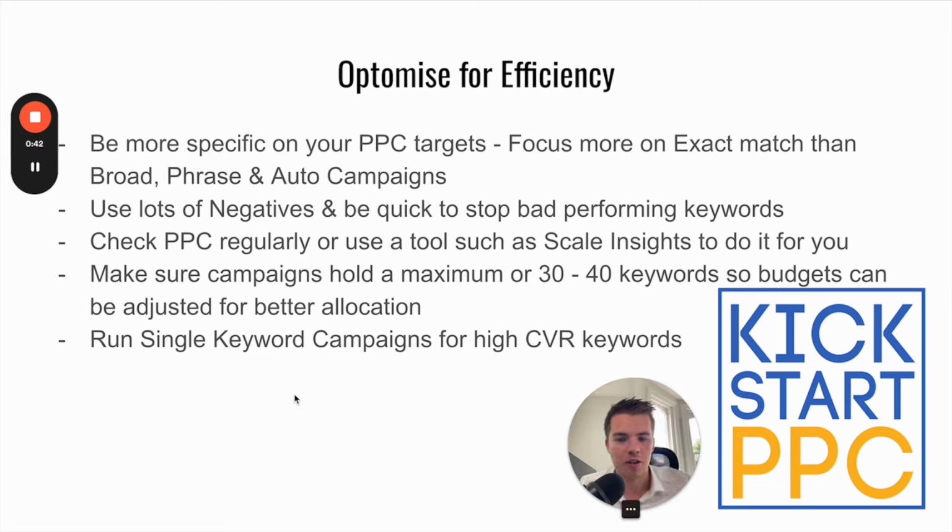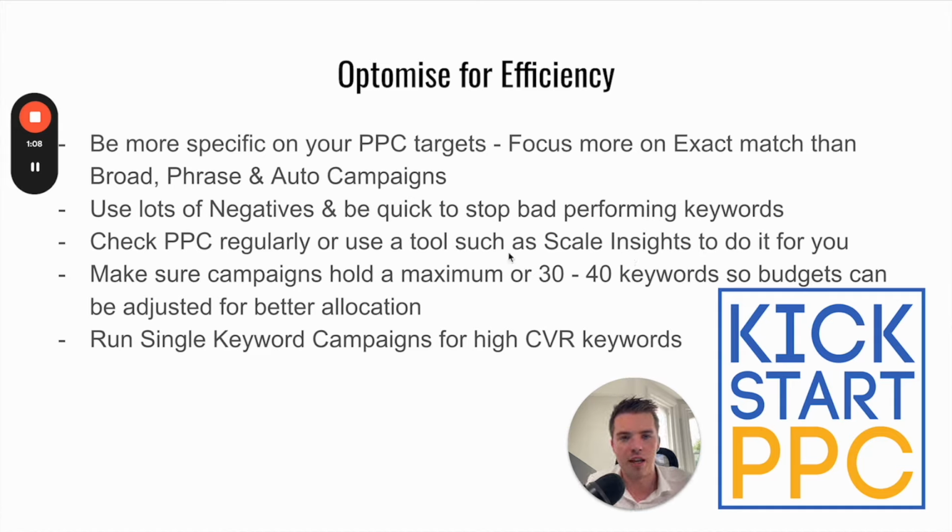You also want to run single keyword campaigns for high converting keywords. So this is a great way to make sure that that keyword is getting enough attention. And we like to segment things as we go along, so we're not missing out on traffic by having it in a campaign. So Amazon basically chooses how the allocation works. So say you have a campaign with 30 to 40 keywords, which is pretty standard.